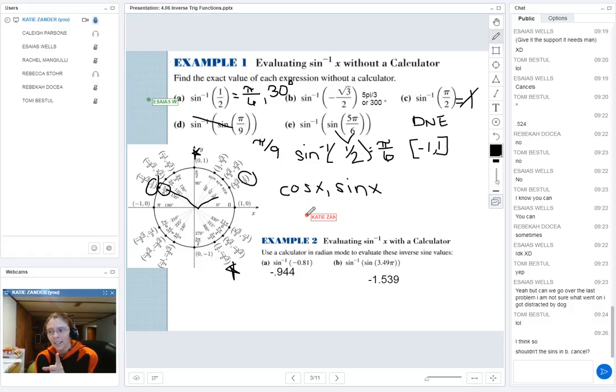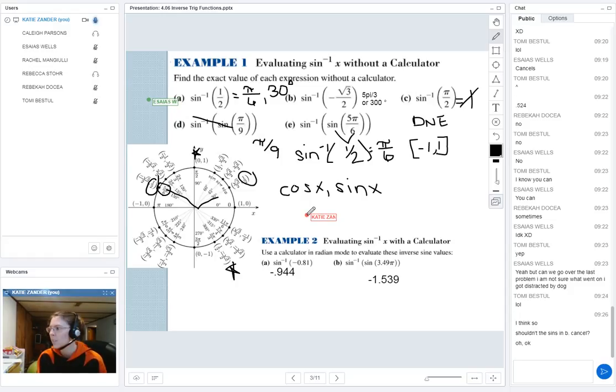They should if the value inside the parentheses is within the restricted domain. So for that one, you have to tweak it a bit because it's not within the restricted domain, right? It's got to fall between -1 and +1 for the signs to cancel out. So essentially what it's doing is kind of what we did up in part E. It's simplifying what sine 3.49 pi is, and it's putting it back into quadrant 1 or 2, and then finding the sine inverse of that value.